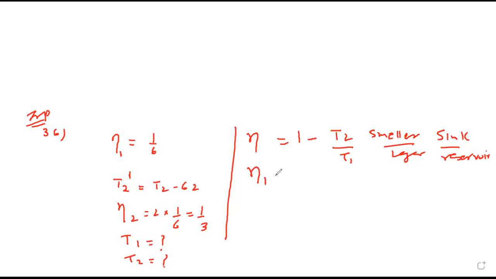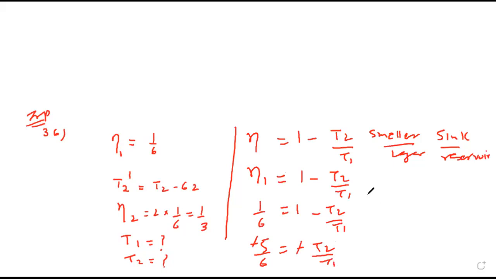By the first case, eta 1 is 1 minus T2 by T1. That means 1/6 is 1 minus T2 by T1. Minus 5/6 is minus T2 by T1. Therefore T1 is equal to 6 upon 5 times T2.